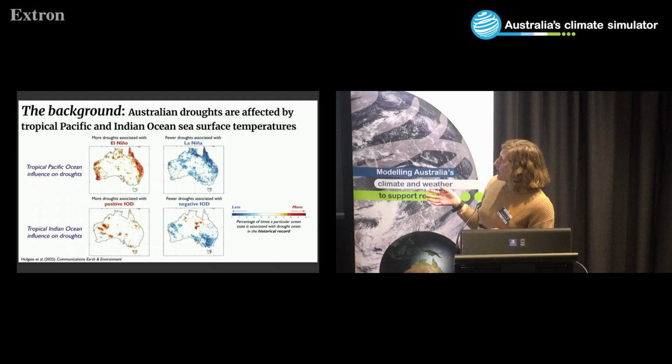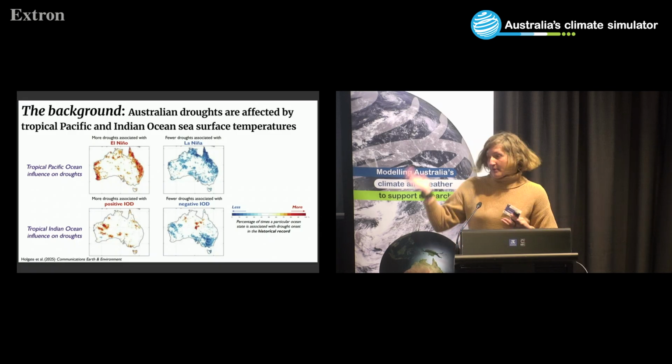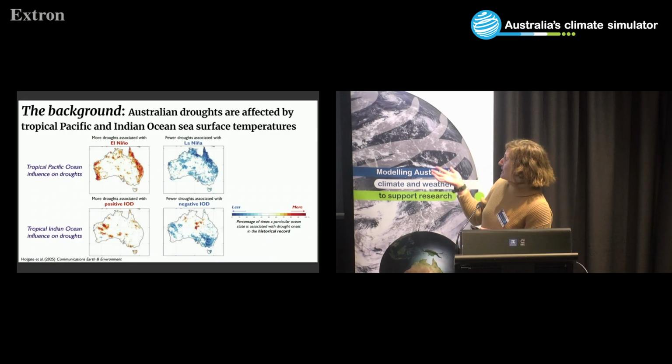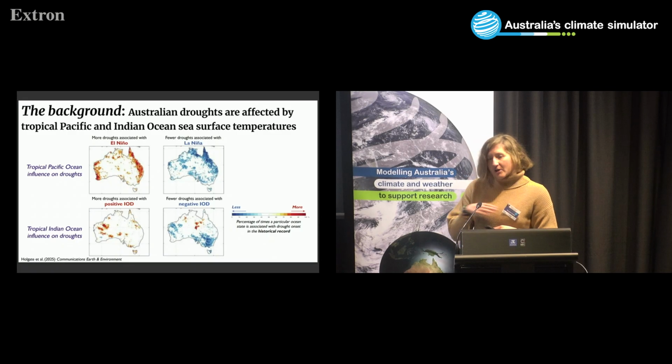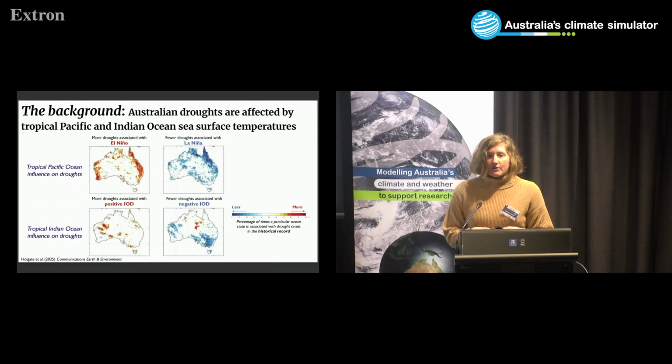In the top row, we can see that El Nino events are associated with drought onset a lot of the time. This is from the historical record, but not La Nina events. In the bottom row, we can see that positive IOD events tend to be associated with drought onset more than negative IOD events. So it's pretty clear that what's happening in the tropical Indo-Pacific is important for understanding drought occurrence across Australia.